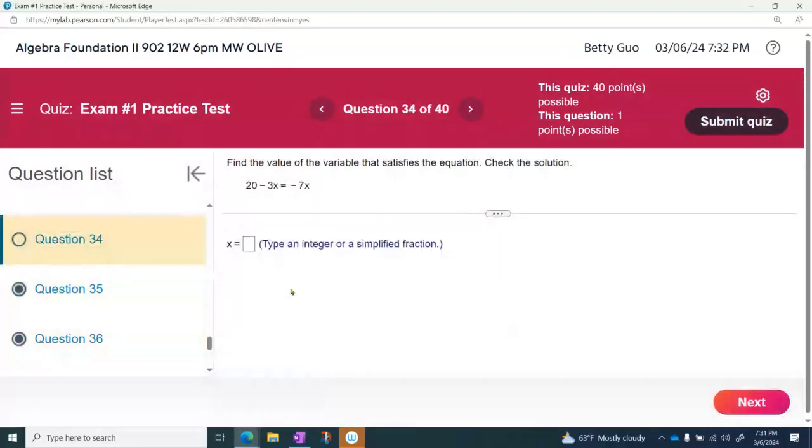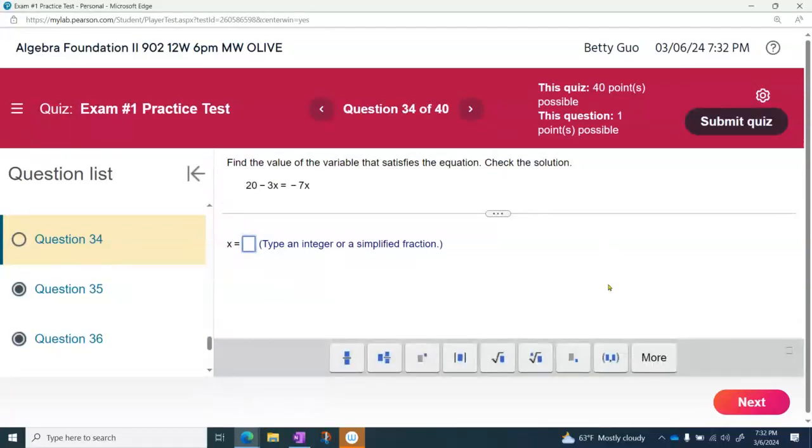Number 34. Okay, your turn. Tell me what's the solution. 20 minus 3x equals -7x. This is week 4, and regarding solving equations, you really should have found your own style.